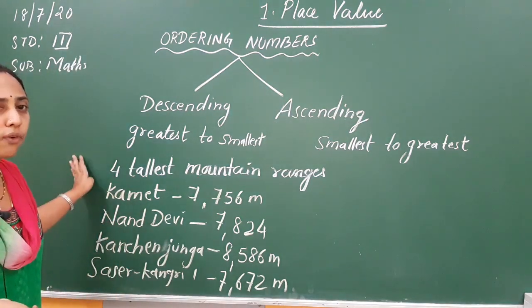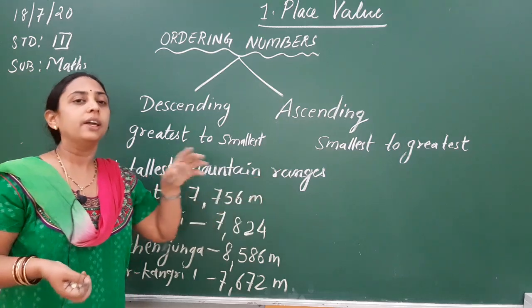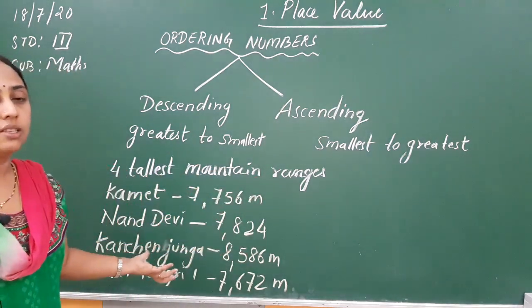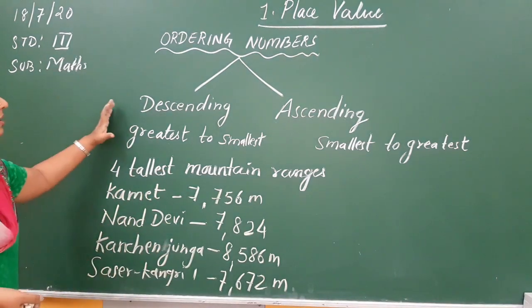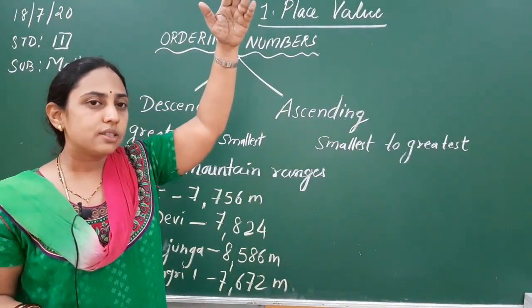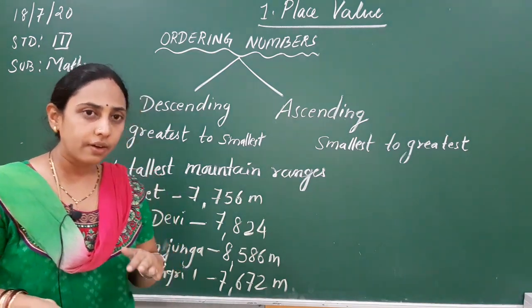Now we have to arrange them in descending order. Descending means tallest to smallest, greater to small.